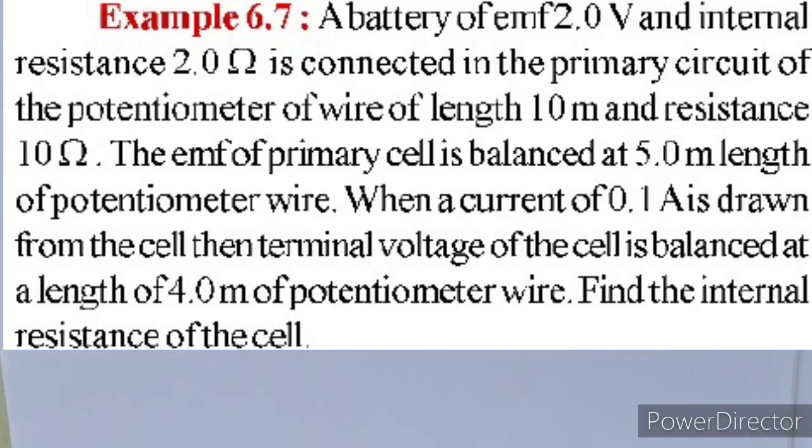When a current of 0.1 ampere is drawn from the cell, then the terminal voltage of the cell is balanced at the length of 4 meter of potentiometer wire. Find the internal resistance of the cell. What do you have to find here? You have to find the value of the internal resistance of the cell.